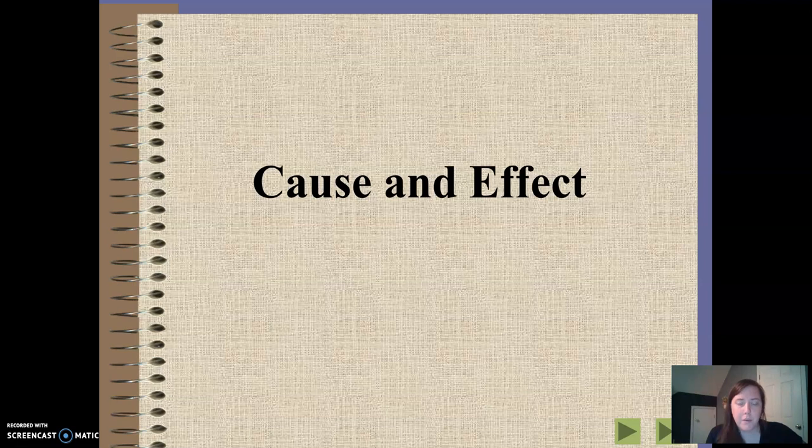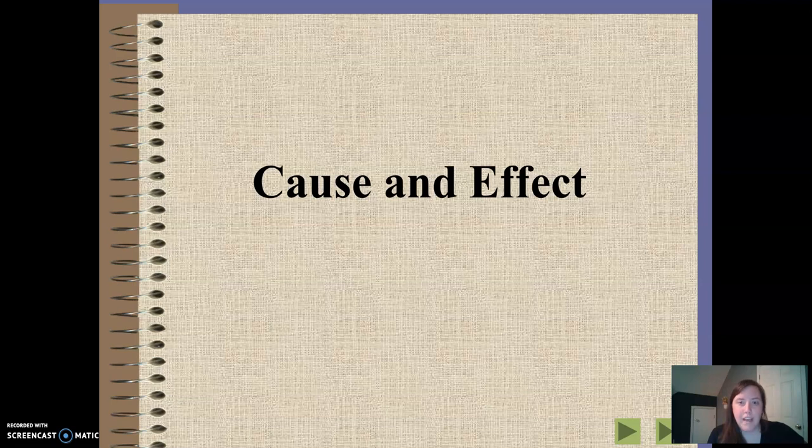The other thing that I will try and exemplify throughout these notes is that causes cause effects, right? Something happens, and then because of that, there is a result.